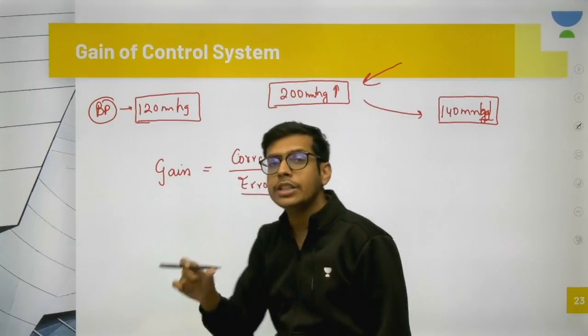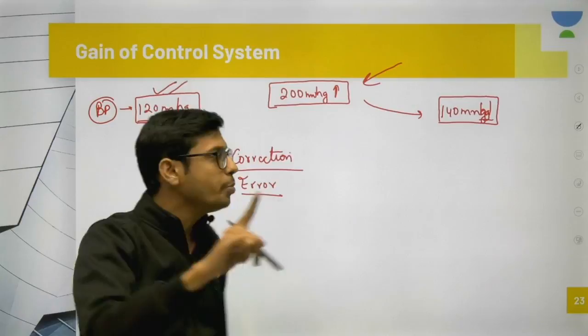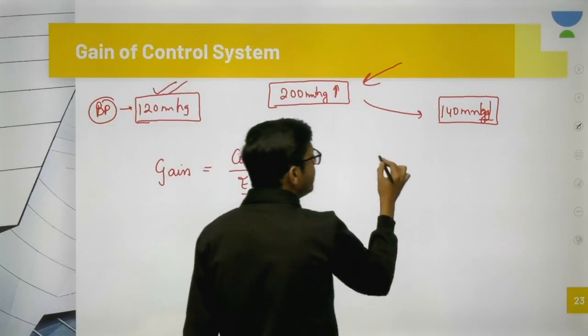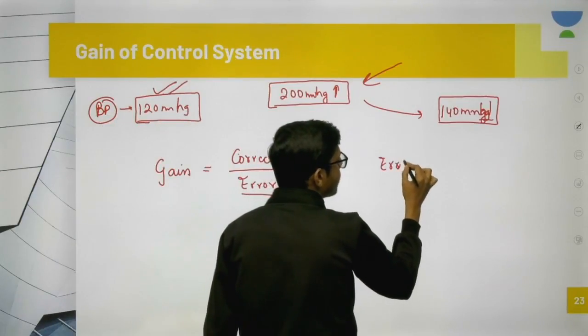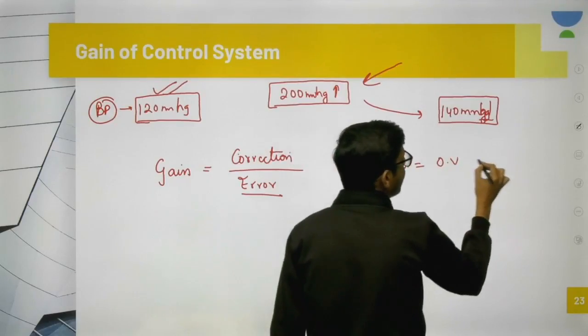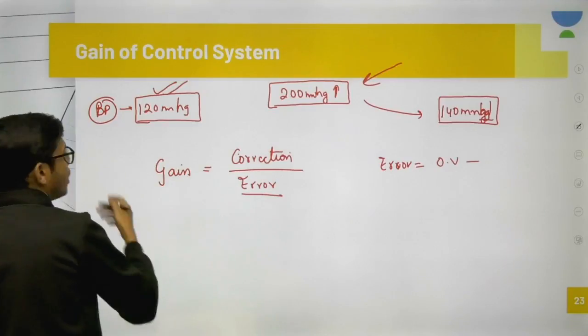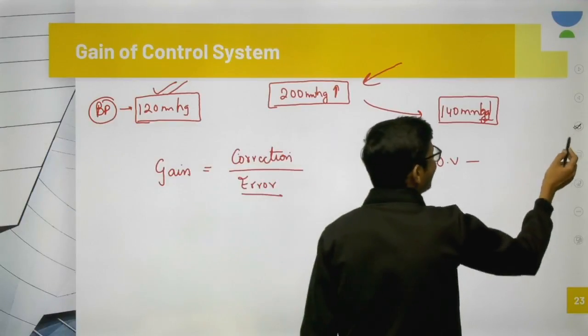So what is the error in this? This is the optimum value. I hope you understand, the error would be the optimum value minus the elevated value, or the opposite of it.